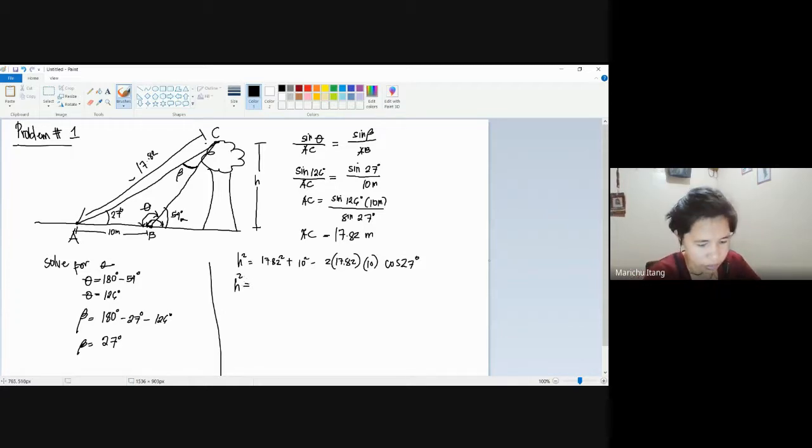We have 17.82 squared plus 10 squared minus 2 times 10 times 17.82 cosine of 27 degrees. So let's check if our answer is the same.